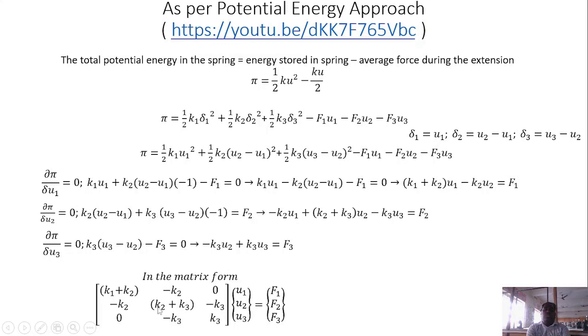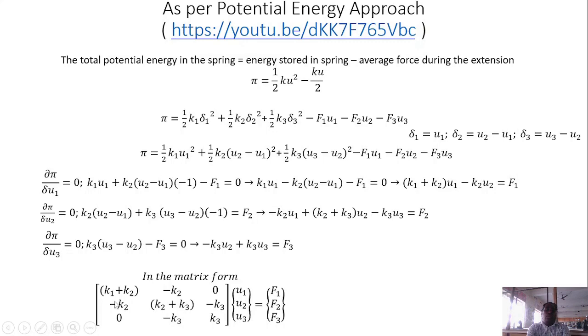After that K2 plus K3 I can pick. After that minus K3 for the third, and the third row 0 according to this term. The initial term U1 is not available, so 0. The second variable U2 got minus K3, so minus K3 I got. Here the third, which is K3. After that the variables U1, U2, U3, and the right hand side F1, F2, F3 are available. I can restructure it in the matrix form.